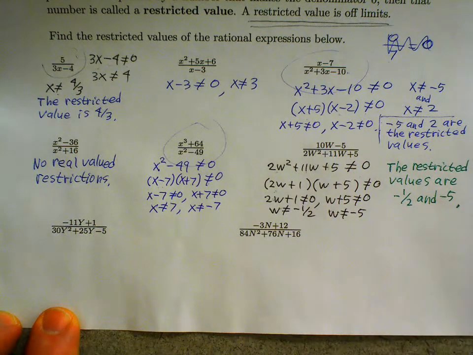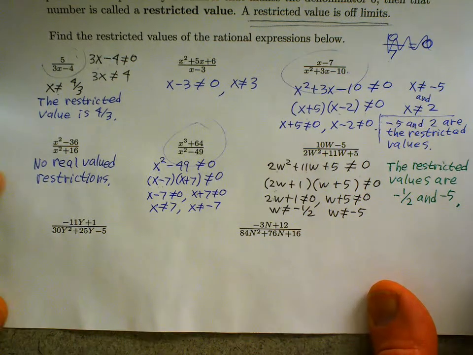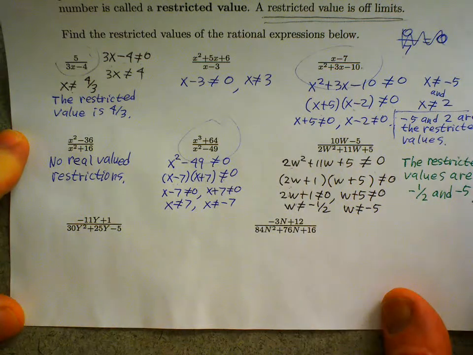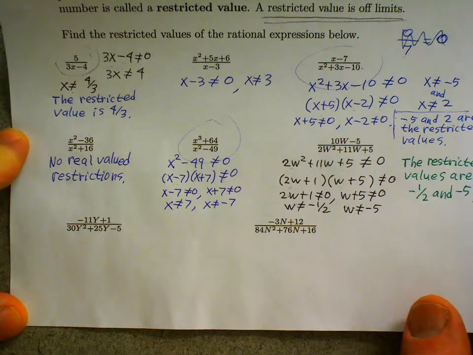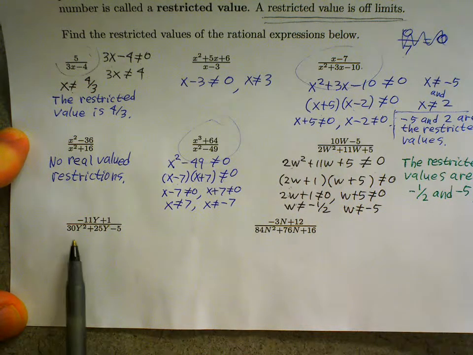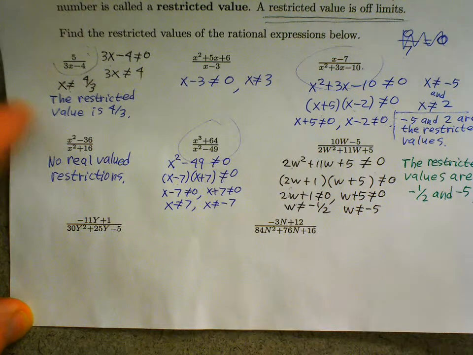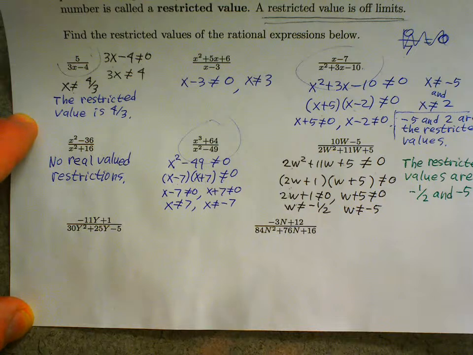So how are we going to find the restricted values? By factoring the bottom polynomial. We focus on the denominator. We say the denominator cannot be 0. And then we find the values that make it 0, and those are the restricted values.